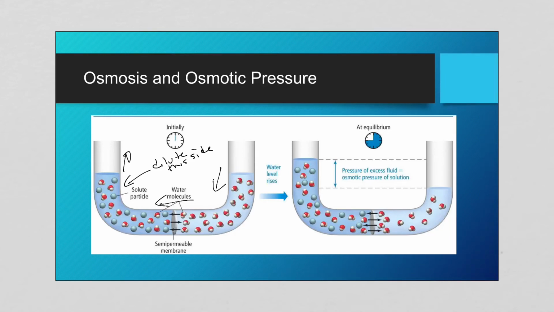So if I want to stop this flow, I need to apply pressure, and I need to apply it to this side, because since the flow is going this way, the osmosis, I need to apply the pressure here to stop it. And the pressure needs to be equal or greater than the pressure that would be equivalent to this height difference. Okay? So this is the idea of osmotic pressure.